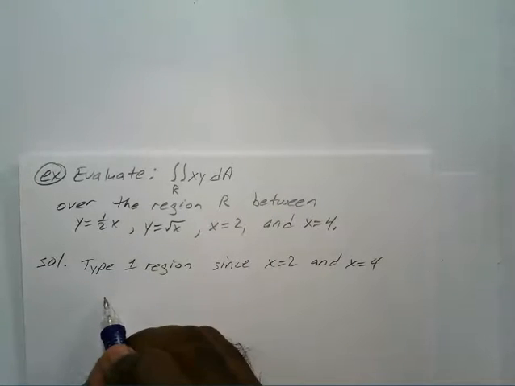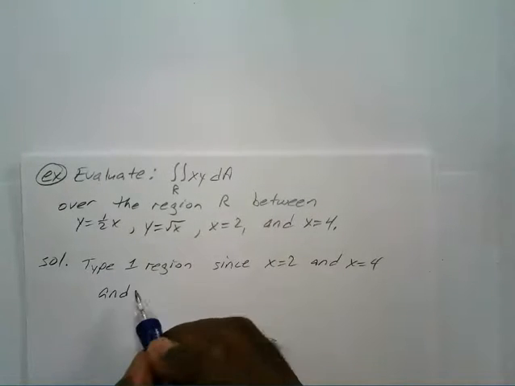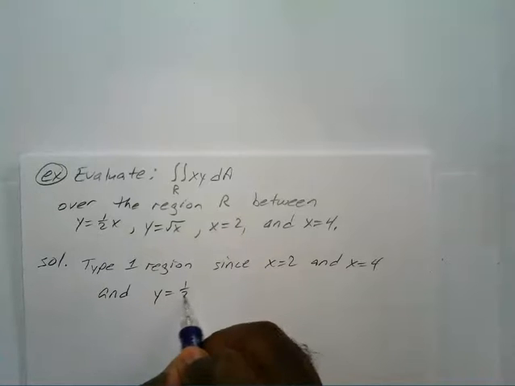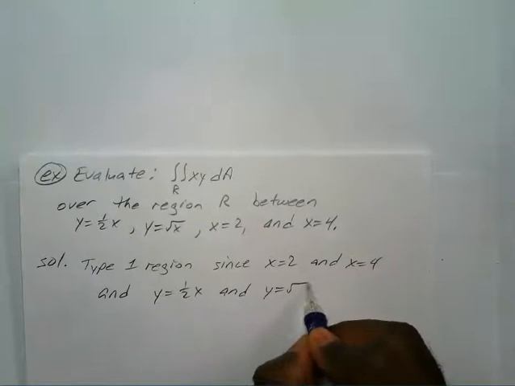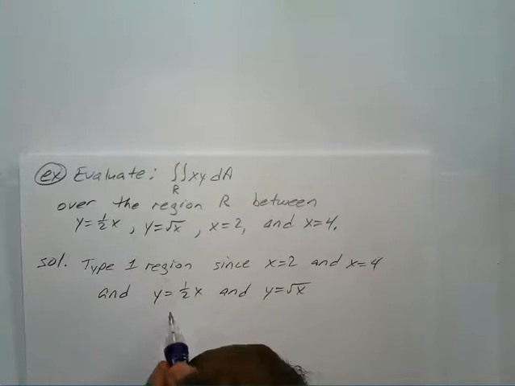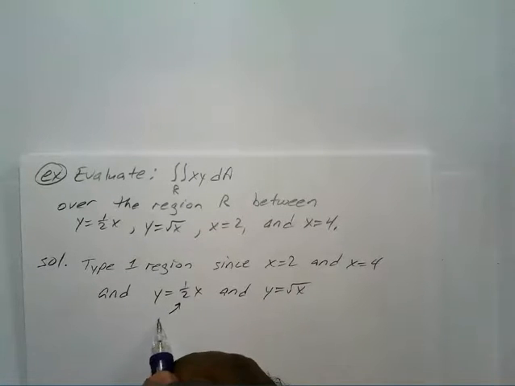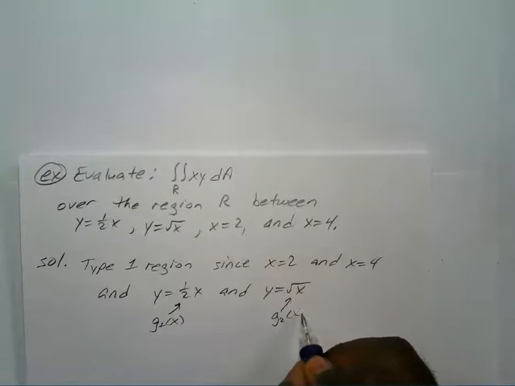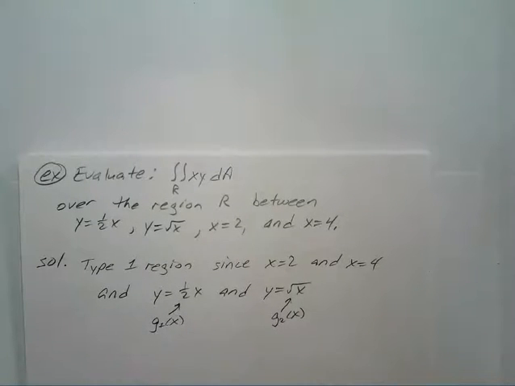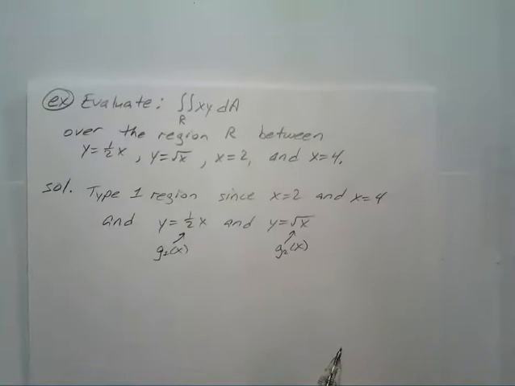Okay, and if you look at y is equal to 1/2 x and y is equal to square root of x, those are our x functions. So our first x function and our second x function. All right, so we can go ahead and plug those in.